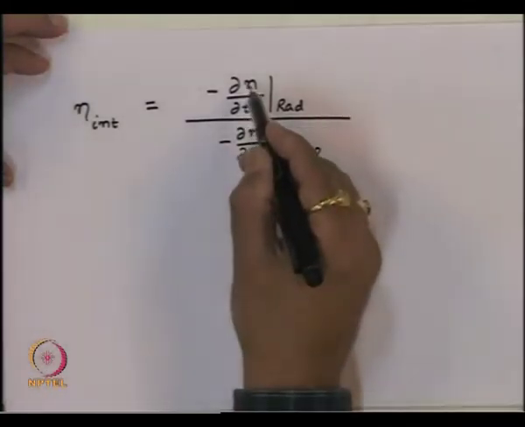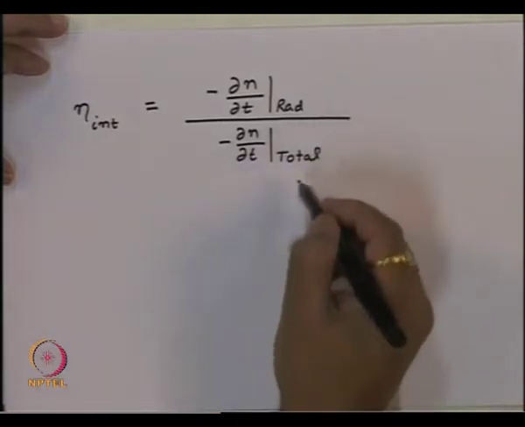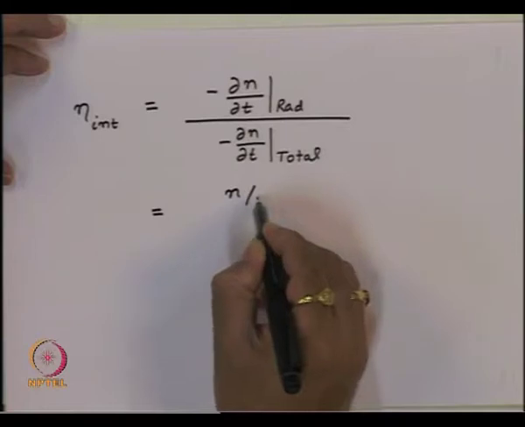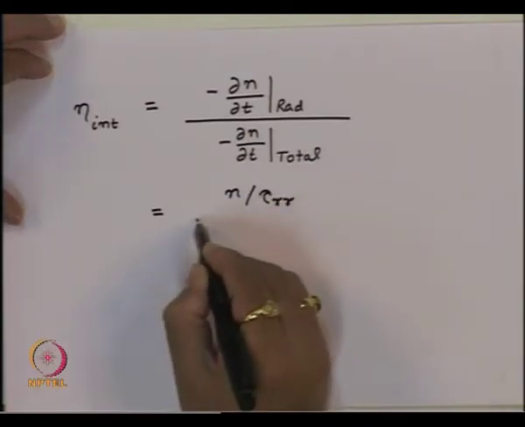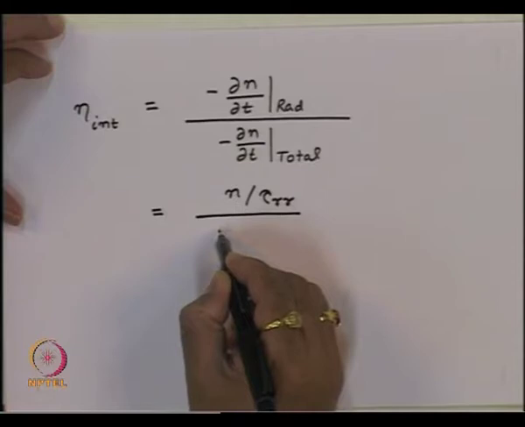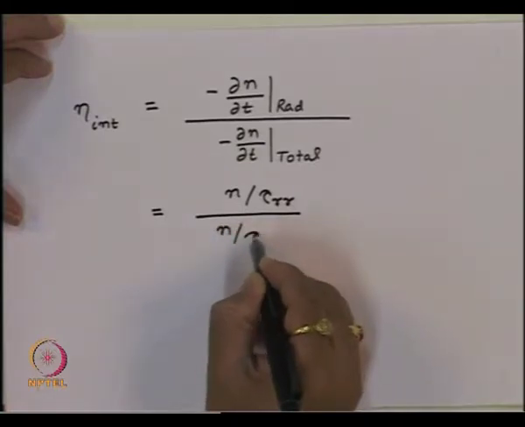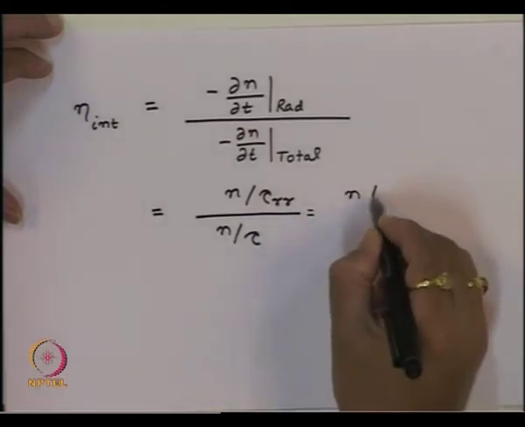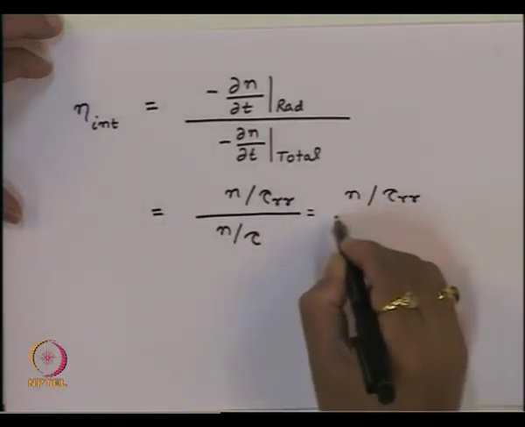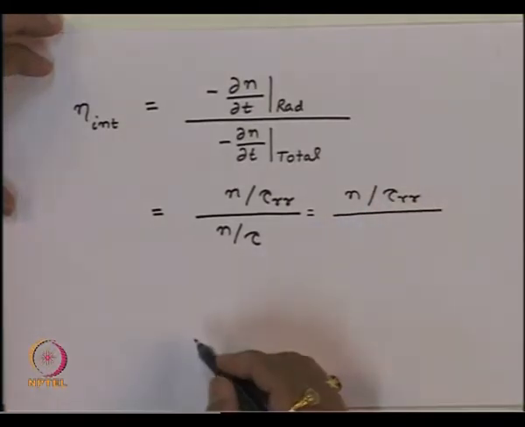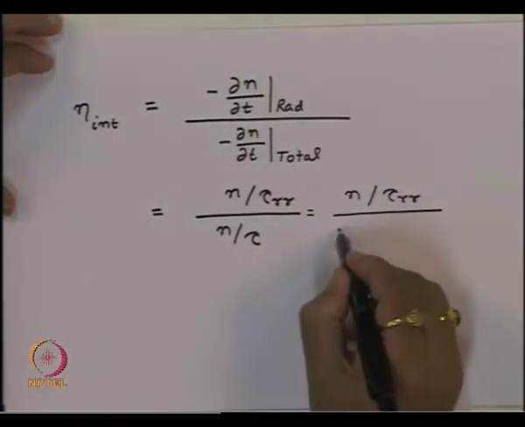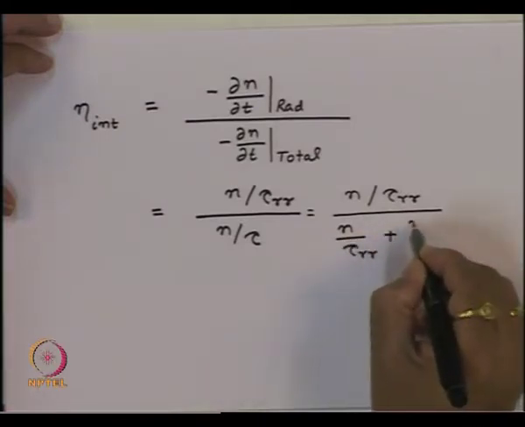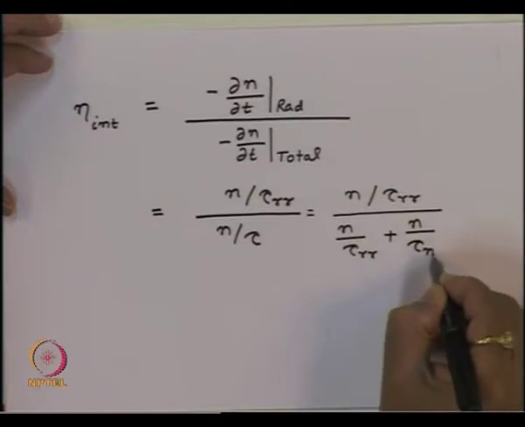Substituting now for dN by dt radiative and total, we get n divided by tau RR divided by n divided by tau, which is equal to n divided by tau RR divided by n by tau RR plus n by tau NR.